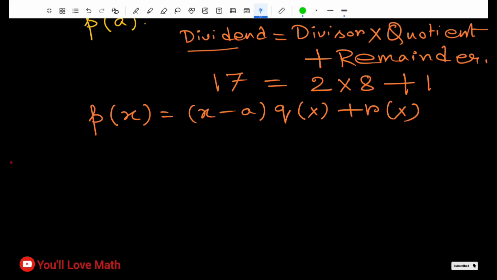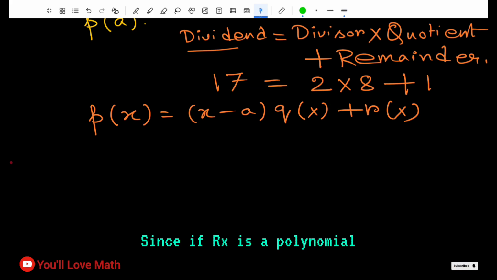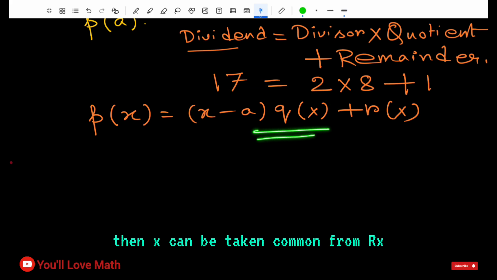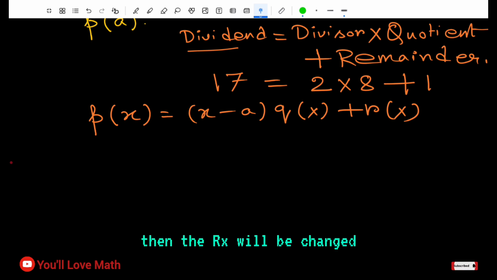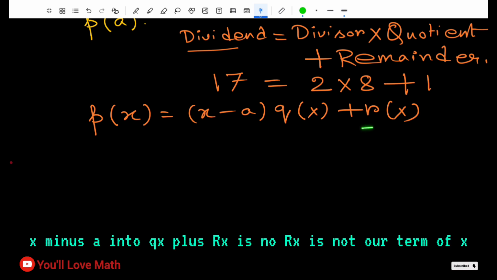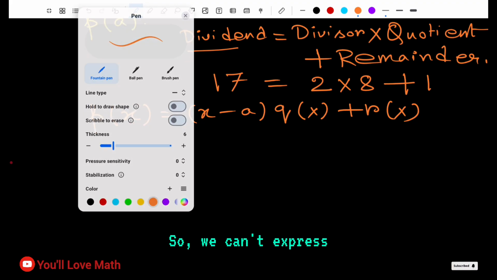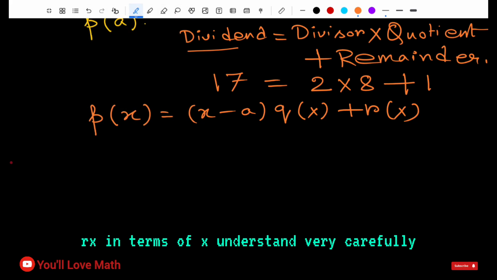No, r(x) is not a polynomial of x. Since if r(x) were a polynomial, then x could be taken common from r(x), and then the expression would change. So it will be a constant value. We can't express r(x) in terms of x.